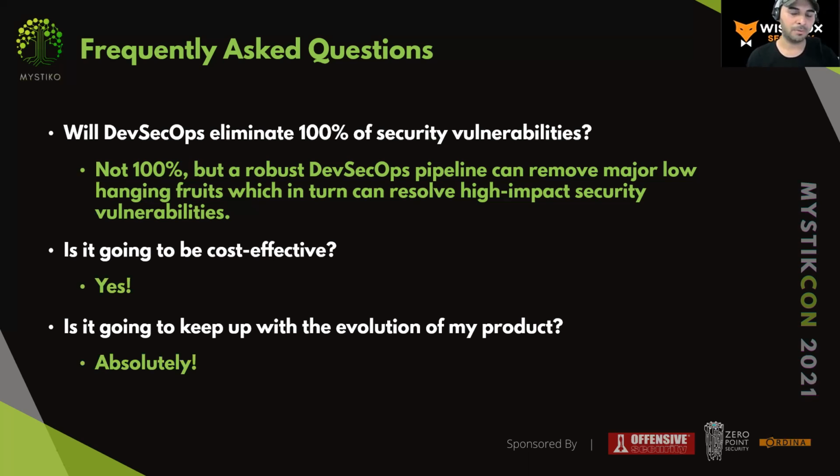For example, ZAP is OWASP's flagship product, so you know that it's going to keep on getting updates. Similarly, all other alternatives available for open source tooling would definitely support your product going forward as well.